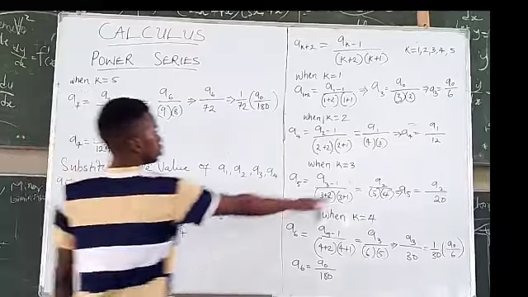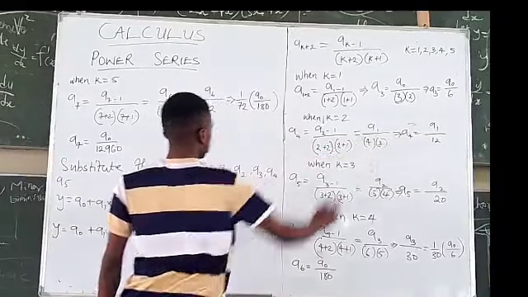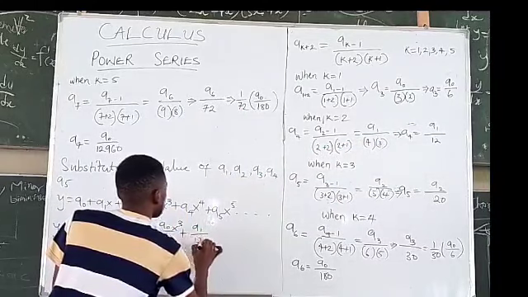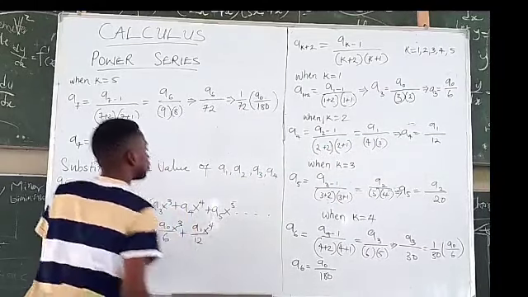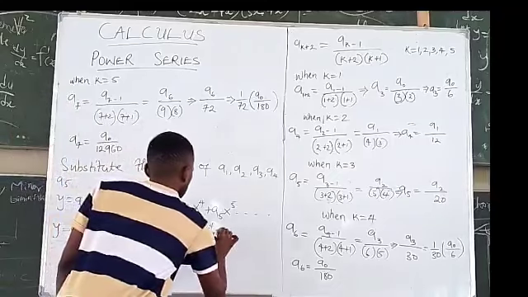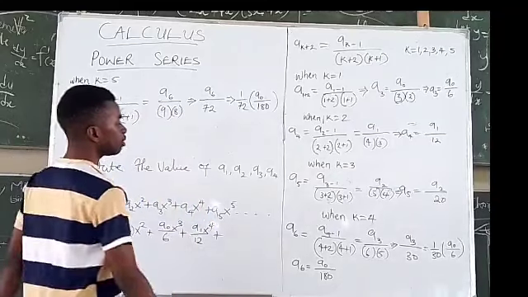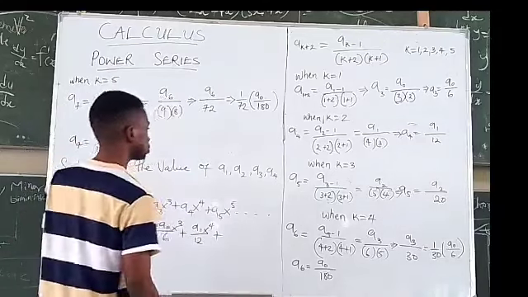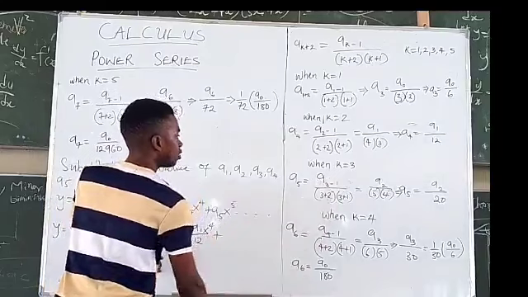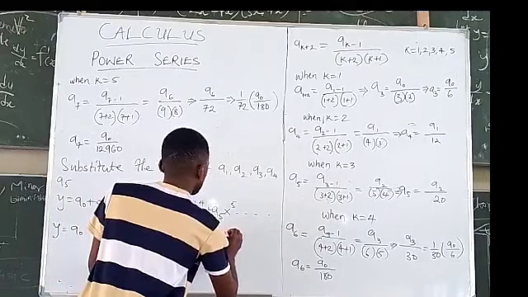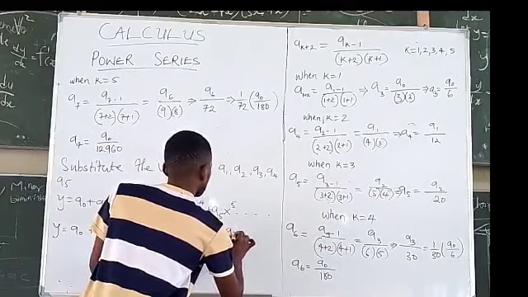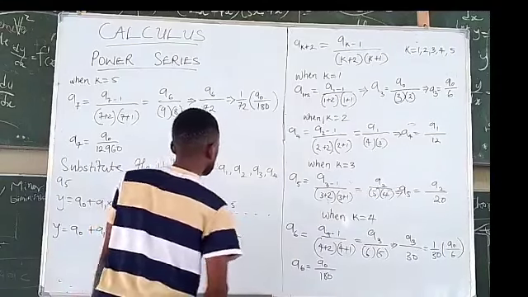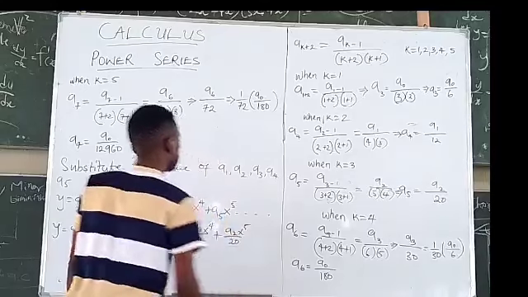Our A4 is A1 all over 12 times our x to power 4, plus our A5.